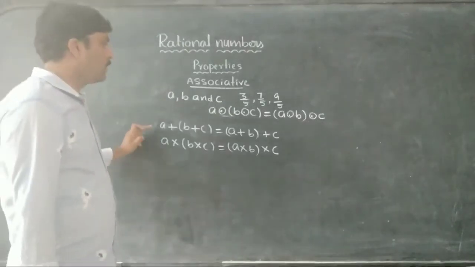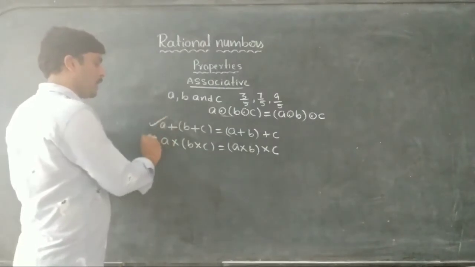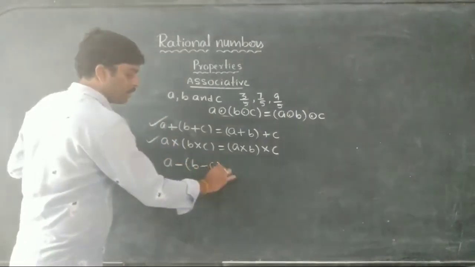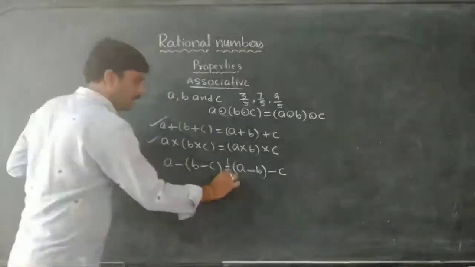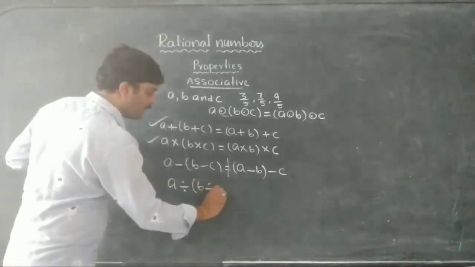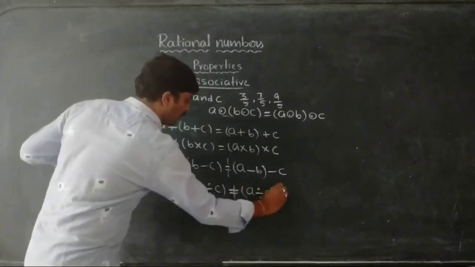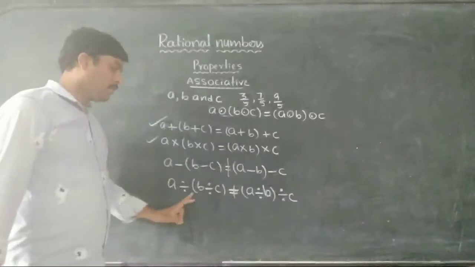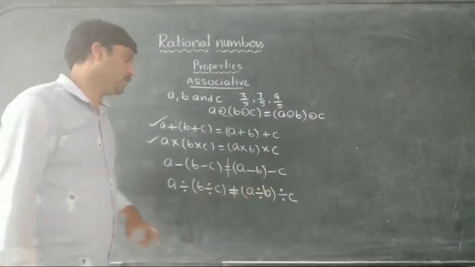Okay, these rational numbers are associative under addition and multiplication. Under subtraction they are not equal. Under division also, (A divided by B) divided by C is not equal to A divided by (B divided by C).